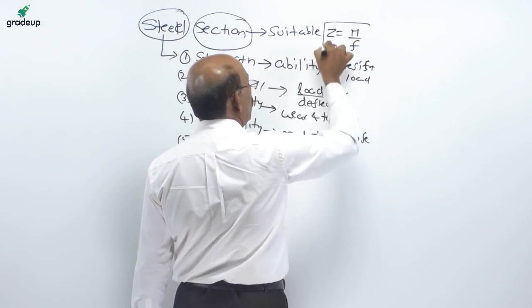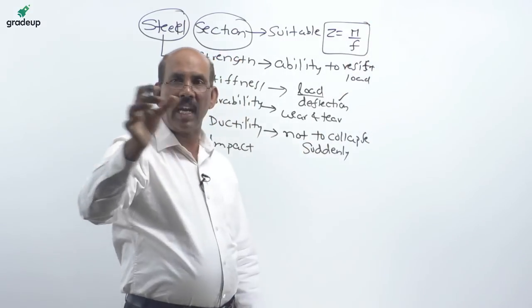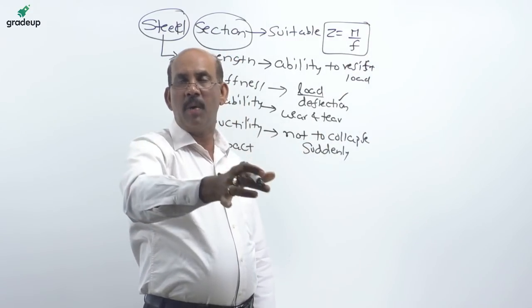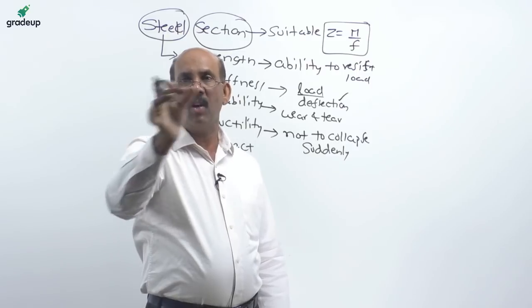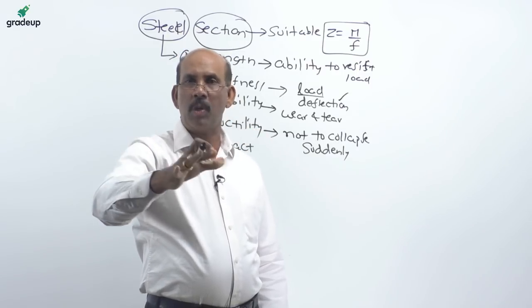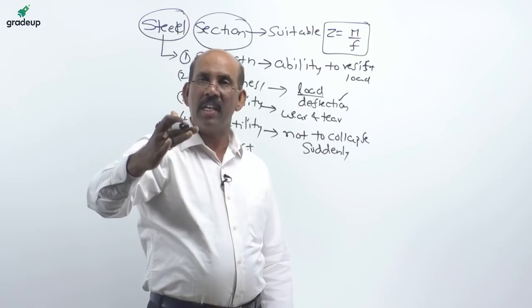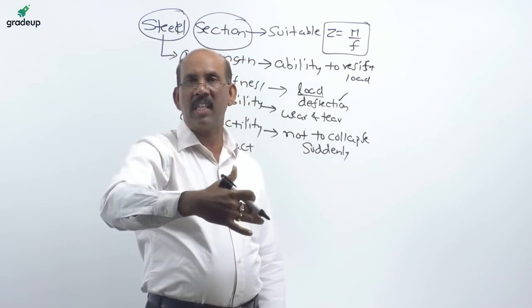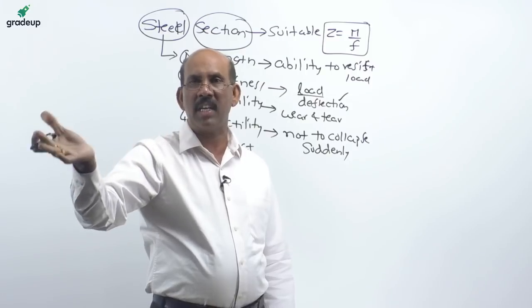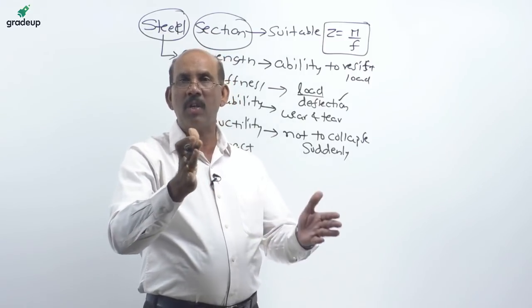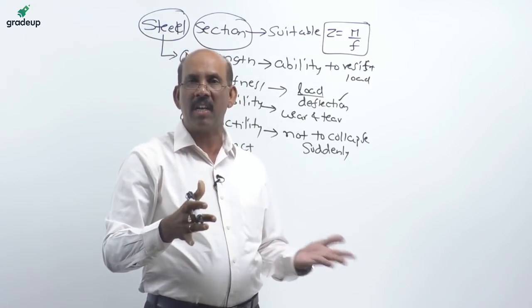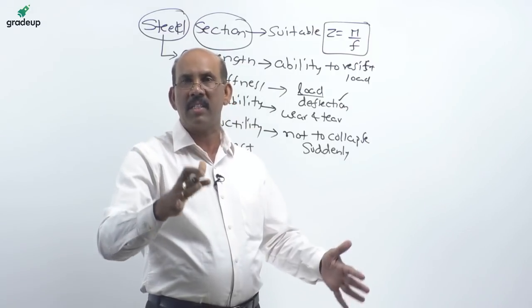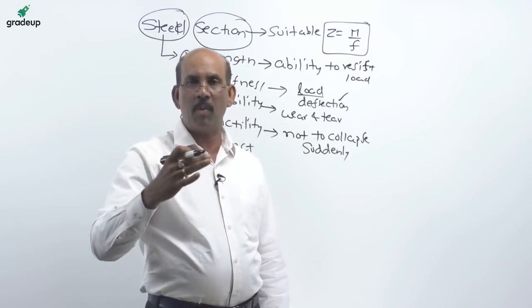So here we are going to select the section based on the bending moment and bending stress, we select the suitable section, that is called the design. Checking the section against serviceability is nothing but the design of the steel section. So we are not going to design anything in steel like RCC, we are going to select the section based on the section modulus.